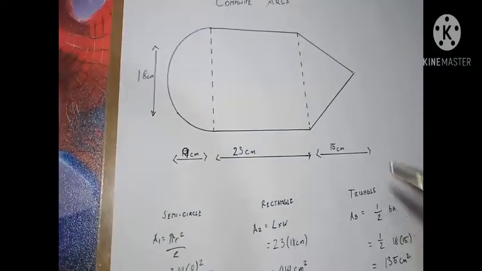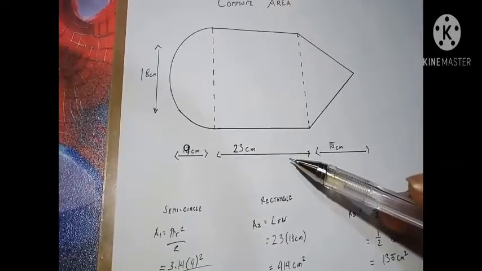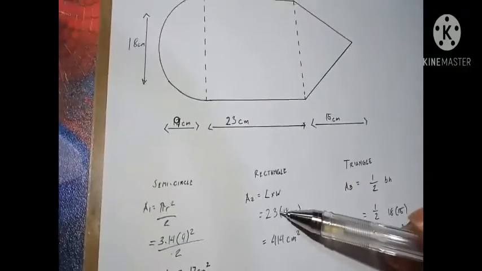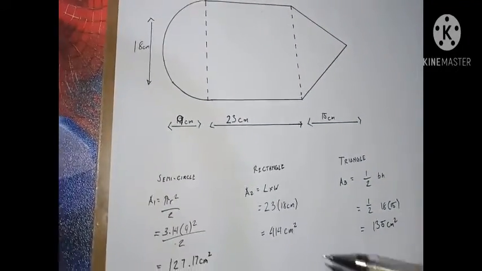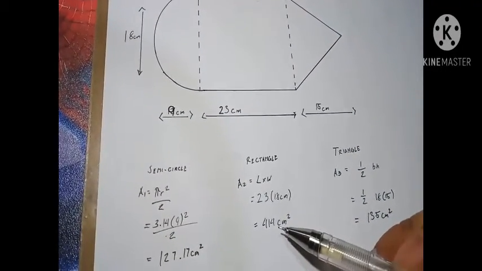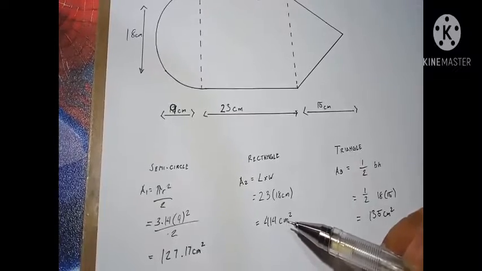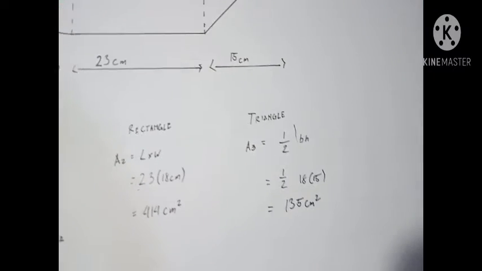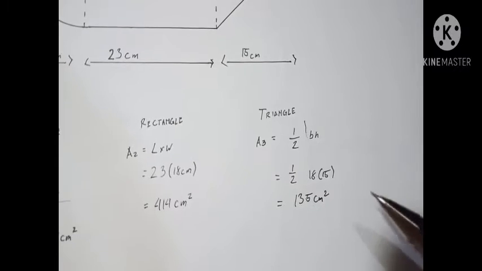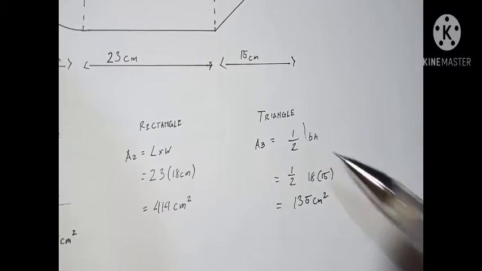For the rectangle, the length is 23 centimeters and the width is 18 centimeters. 23 times 18 is 414 centimeters squared. So here in the triangle, we have the formula of 1/2 base times height.